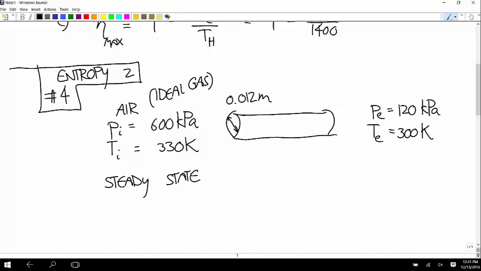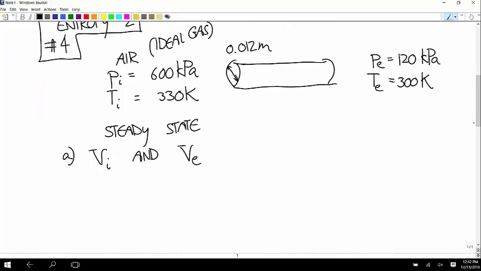Okay, so we want to calculate the VI and VE, the inlet and exit speeds. We want the mass flow rate. It's steady state, so there's just a single one of those. And then C, the rate of entropy production.